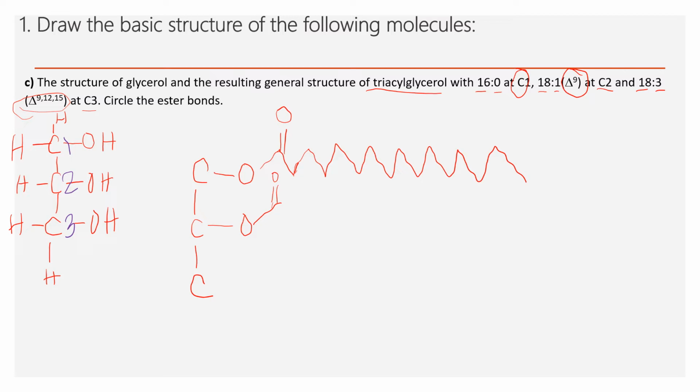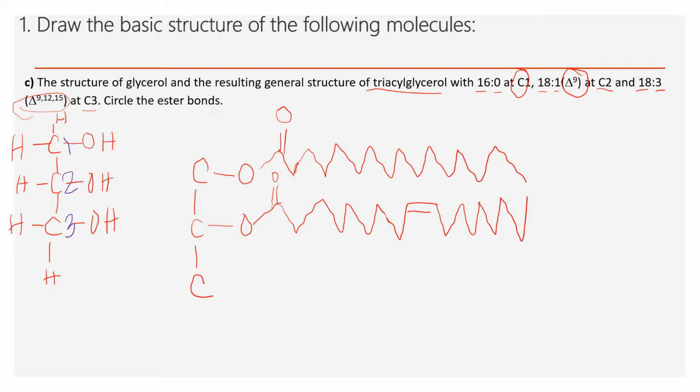So here's 1, 2, 3, 4, 5, 6, 7, 8, 9. It doesn't say cis or trans, so we're just going to draw it like that, because that's what it is on the key. And then you have to get all the way to 18. So that's 10, 11, 12, 13, 14, 15, 16, 17, 18.